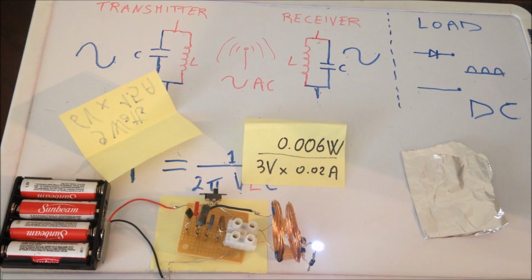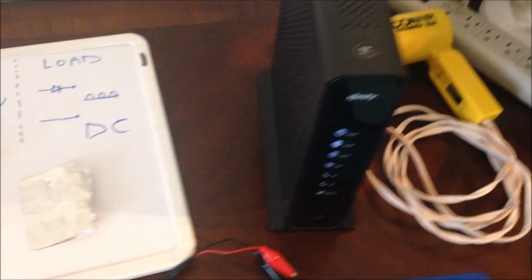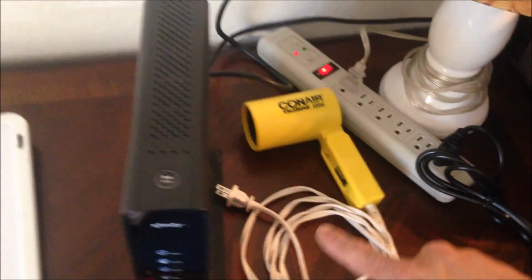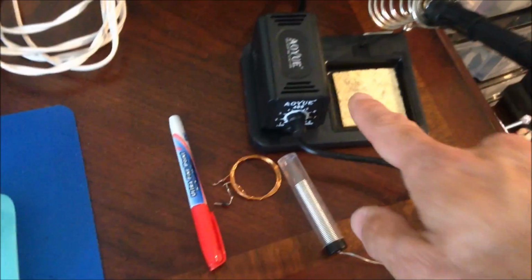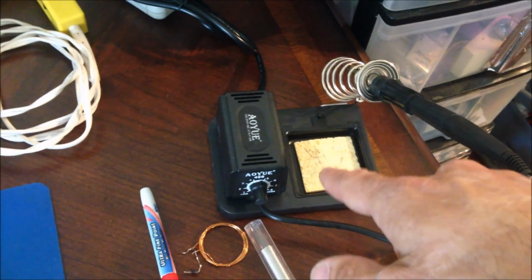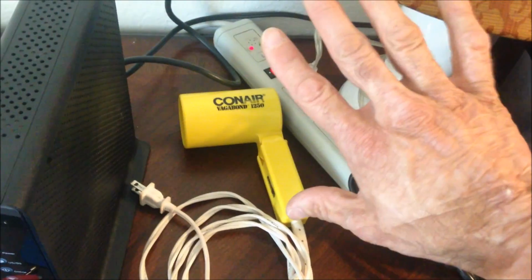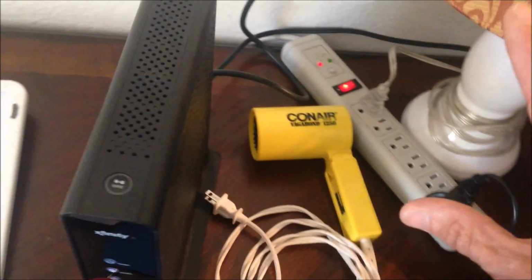So now let's take a look at our common households here. We have our router here, we have our air blower, a lamp. For instance, we have my soldering iron here. Everything works here at about 50 to 60 hertz of frequency.